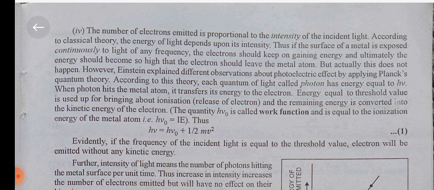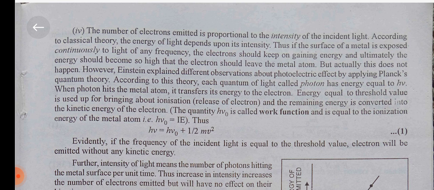However, Einstein explained different observations about the photoelectric effect by applying Planck's quantum theory. According to this theory, each quantum of light, called a photon, has energy equal to h nu. When a photon hits the metal atom, it transfers its energy to the electron. Energy equal to the threshold value is used up for bringing about ionization, and the remaining energy is converted into the kinetic energy of the electron.